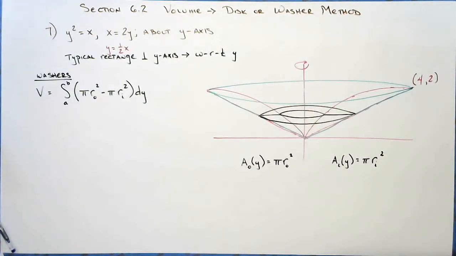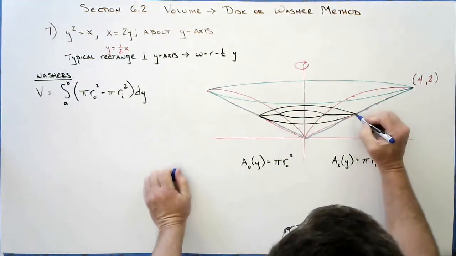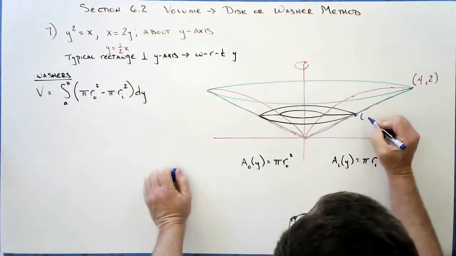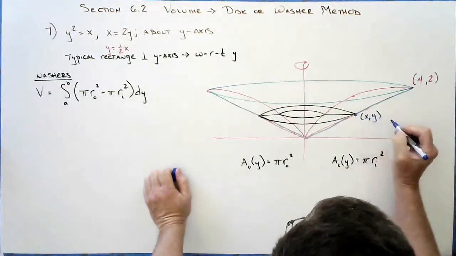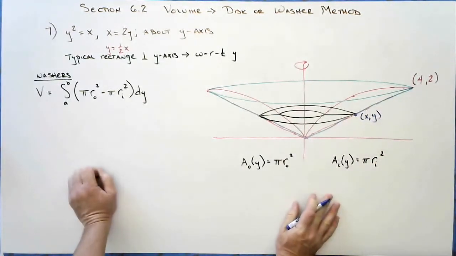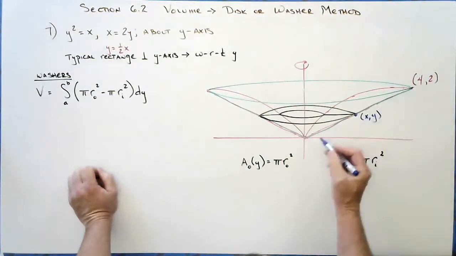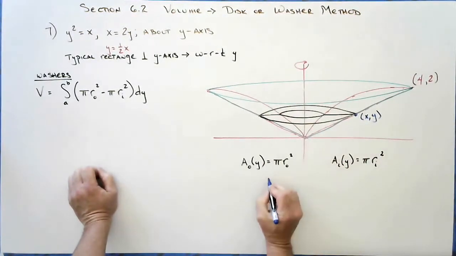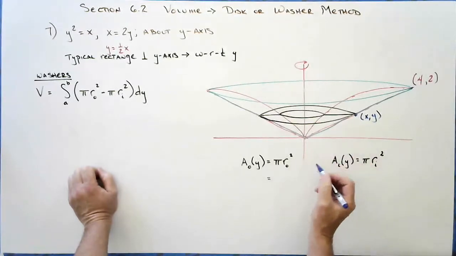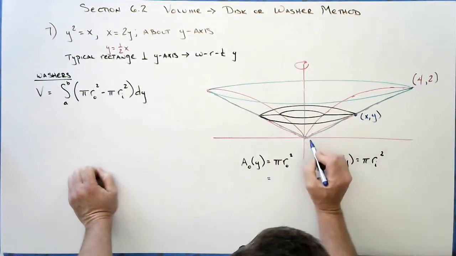Now I'm going to ask myself, what is the outer radius? Now, this is the point x, y, some arbitrary point on our curve. In this case, our curve is the line. So we can say, my outer radius, how far is it?